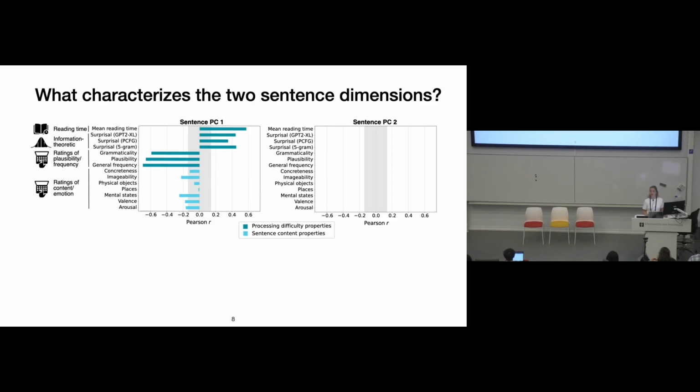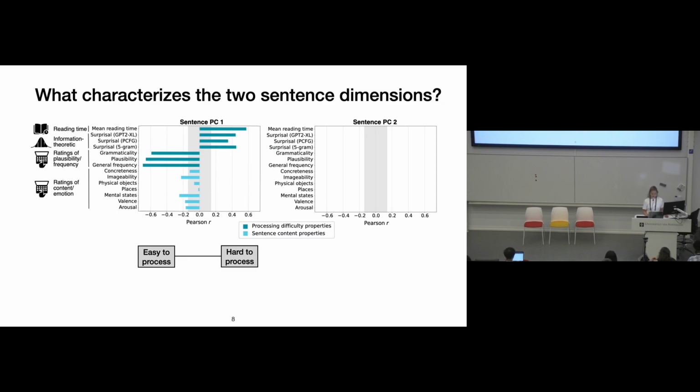For instance, is the meaning concrete or not? And we see that PC1 correlates most strongly with the processing difficulty properties. So at one end of this PC, we have sentences that are easy to process, and on the other, those that are hard. And this processing difficulty dimension aligns with prior work demonstrating higher brain responses to unpredictable input.